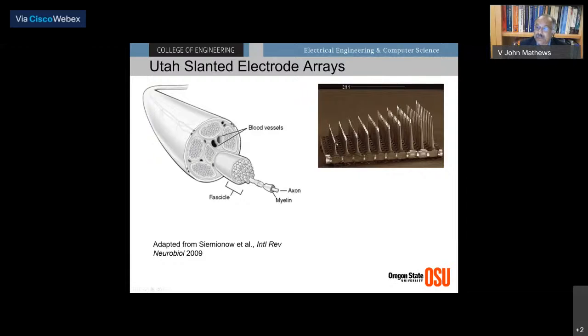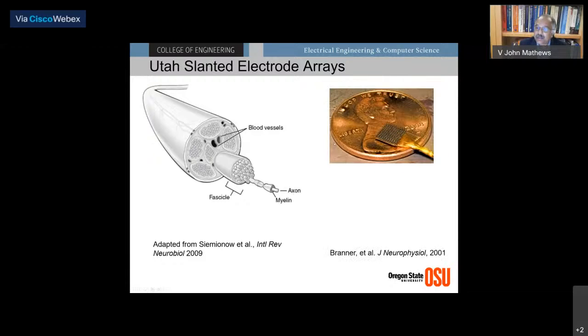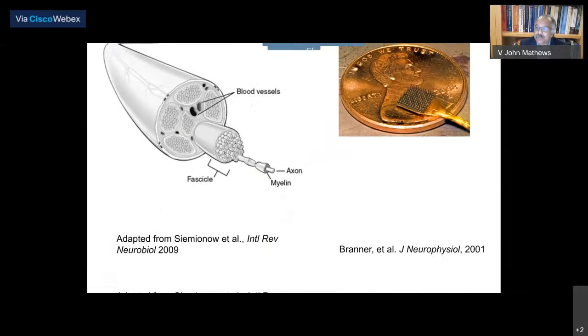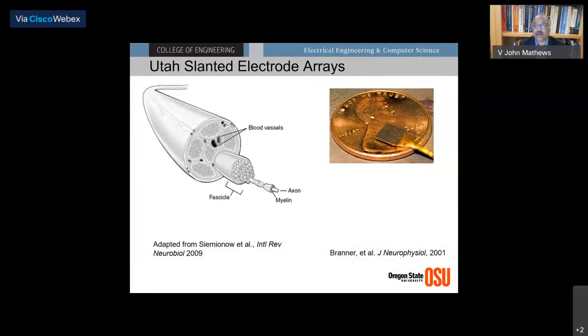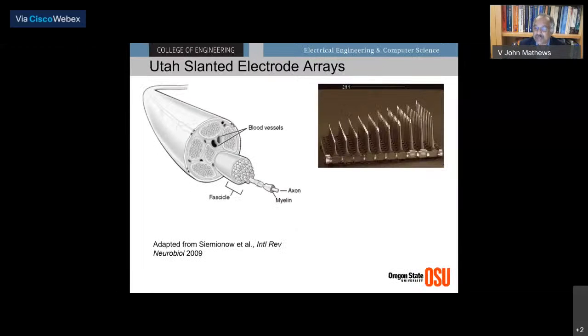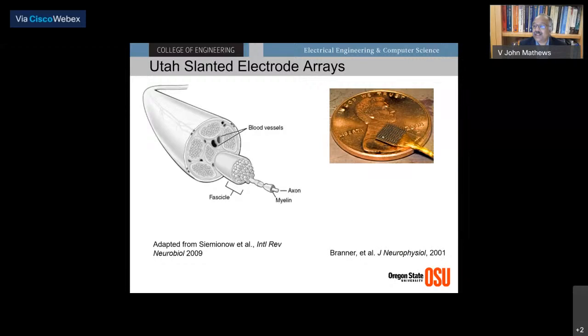One other thing I want to notice is, you will see that these electrodes are shorter than these electrodes. Okay? Now, this is the same electrode array basically compared against a penny so that you can see the size.